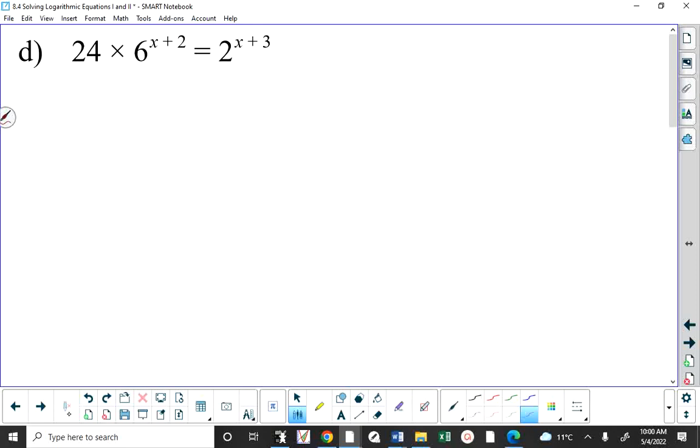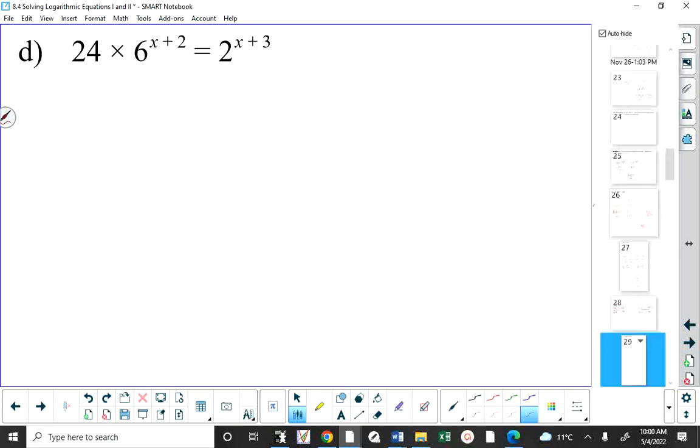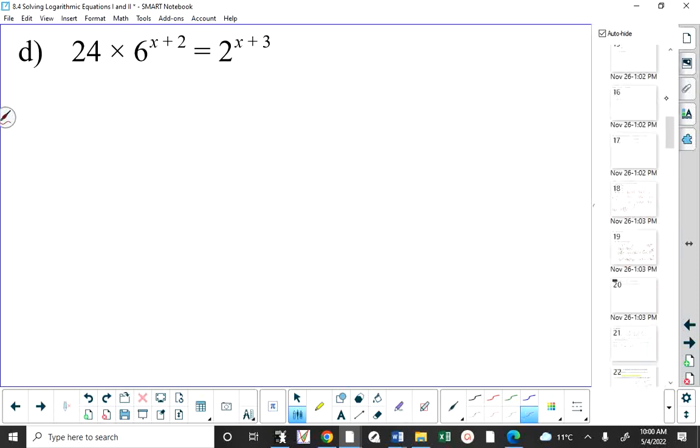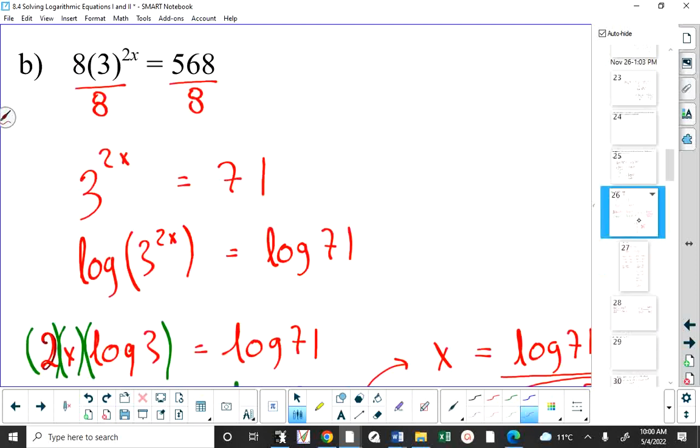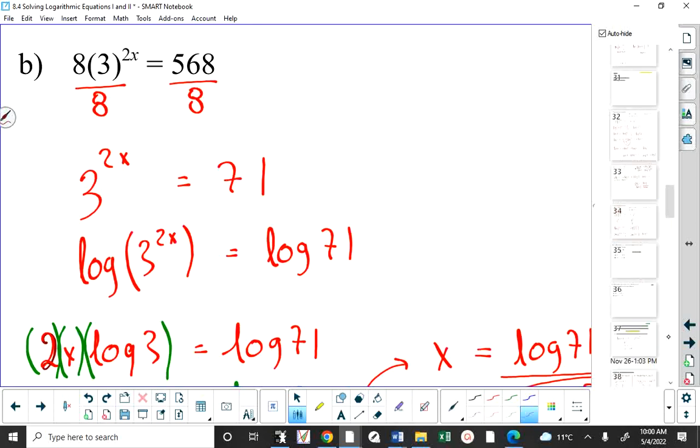If we divide both sides by 24, we don't avoid the problem of having a 24 there. You're just going to have it on the bottom of the other side. This is different than this situation where we could divide out that 8 because the other side was just a number divisible by 8. I can't really divide by 24 here.